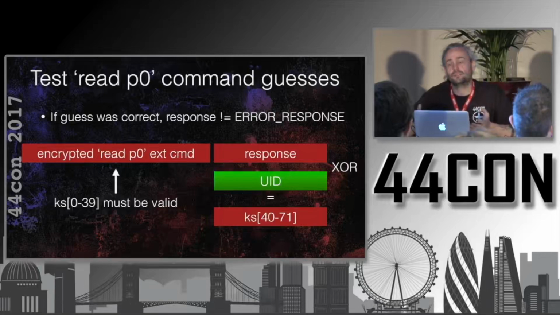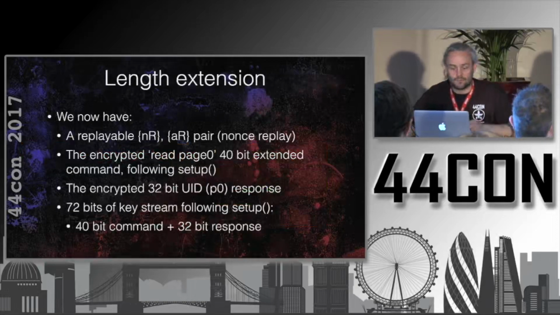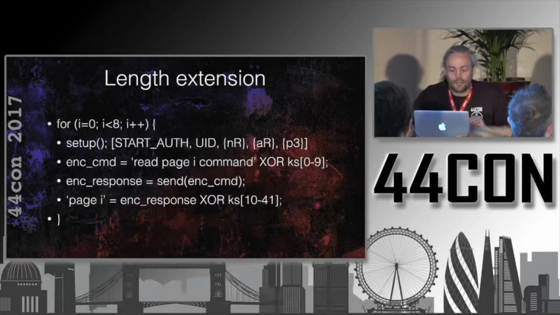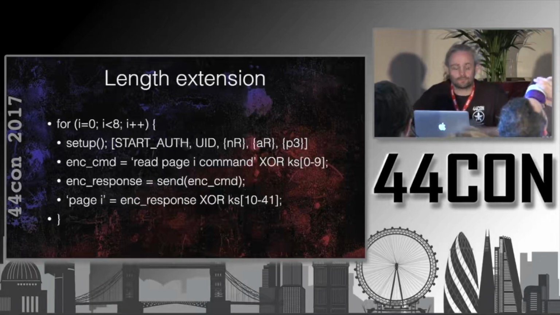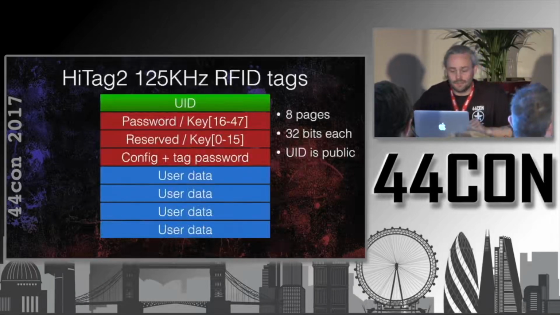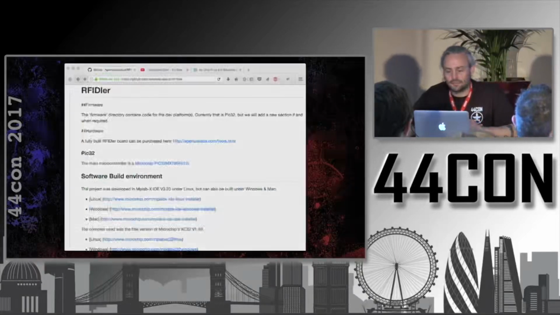So we've now got 72 bits of key stream from this starting position of that replayed encrypted nonce, which is what I basically say here. So you can then use that key stream to read out every page of the tag, and that will give you these pages, hopefully, including the keys.